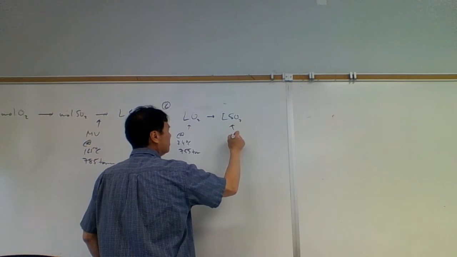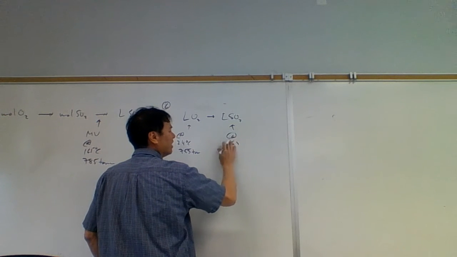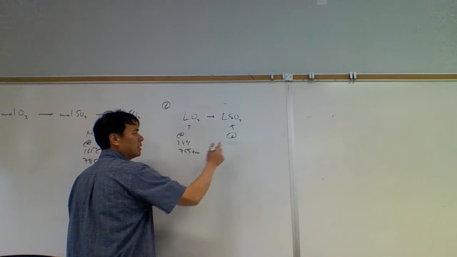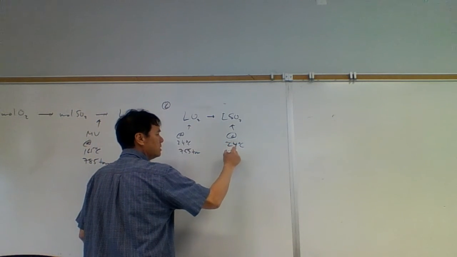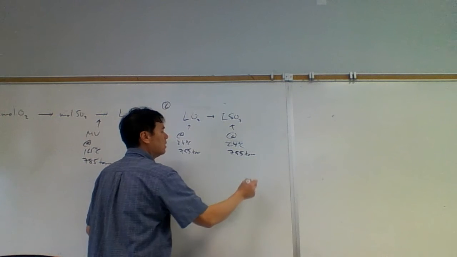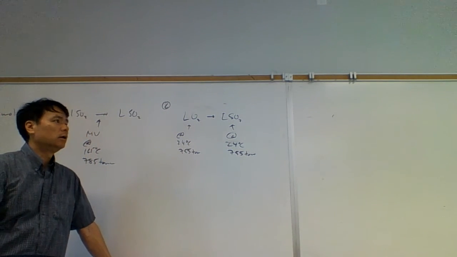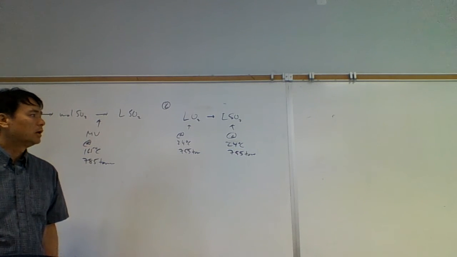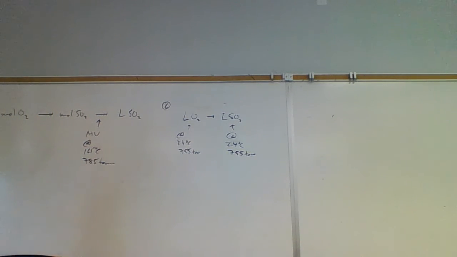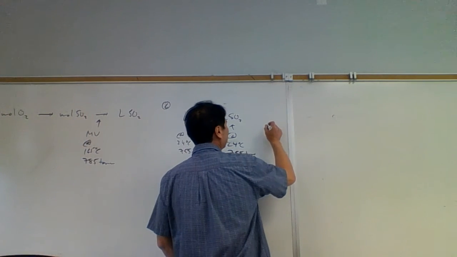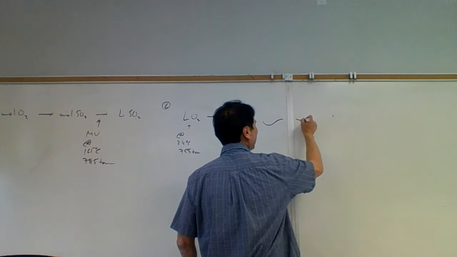And the liters of SO2 will be at 165, no, we can't do it. It has to be at the same temperature and pressure, so that means this has to be 24 degrees C and 755 torr. Otherwise, we can't use the mole ratio that's given. And that's not the temperature and the pressure that we want. And so what we do is we do a second calculation. Once we have this, then we do combined gas law.